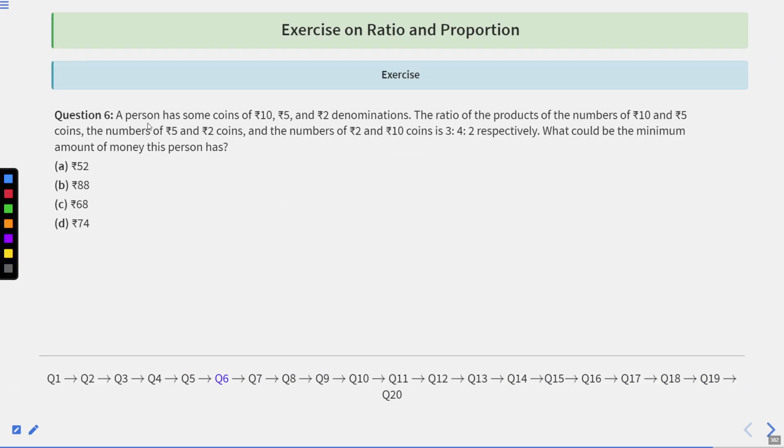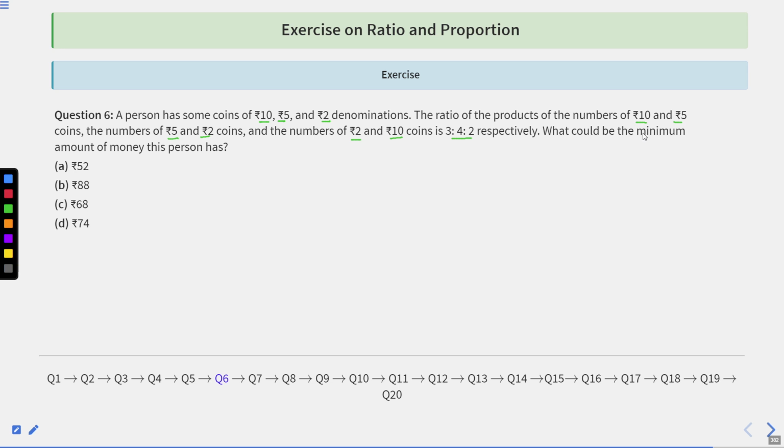Question number 6. A person has some coins of rupees 10, rupees 5 and rupees 2 denominations. The ratio of the product of the number of rupees 10 and rupees 5 coins, the number of rupees 2 and rupees 5 coins, and the number of rupees 2 and rupees 10 coins is 3:4:2 respectively.